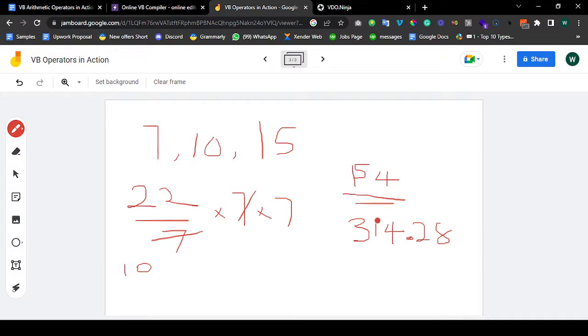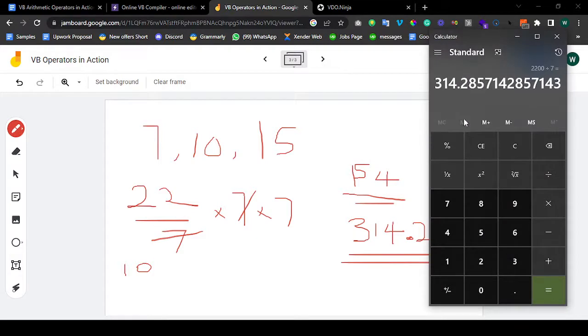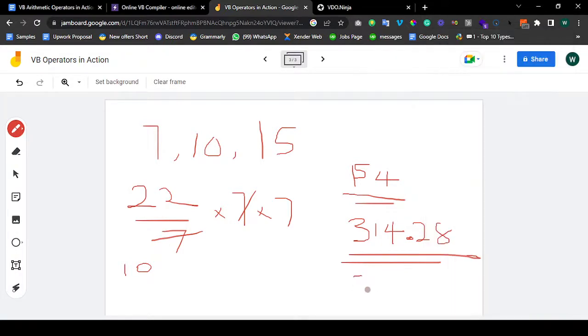So for 15, now for 15, 22 times 15 times 15, everything divided by 7 equals what? 707.14.